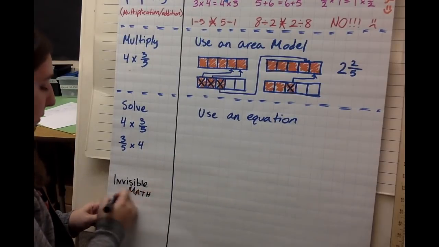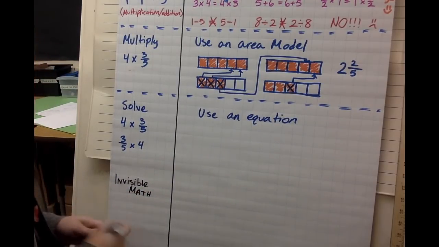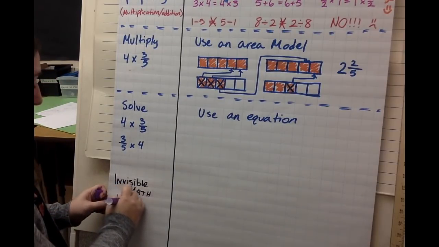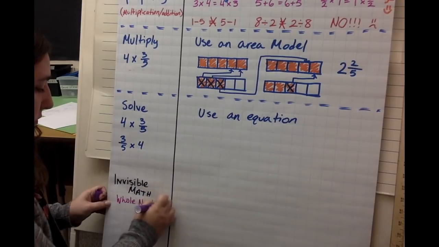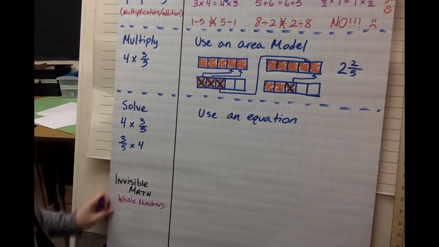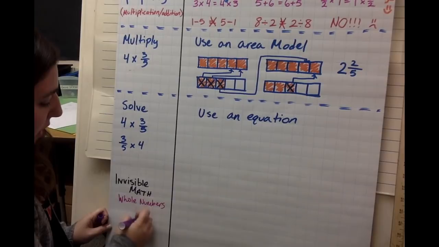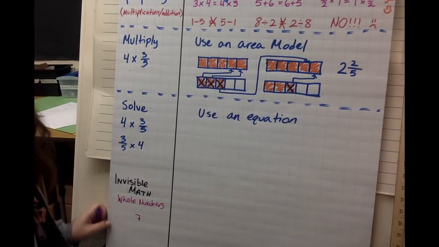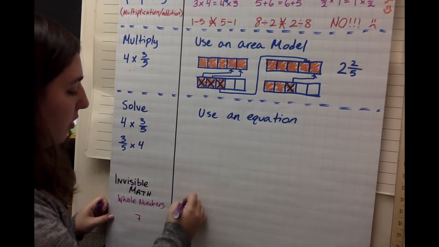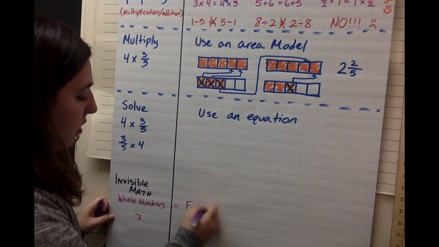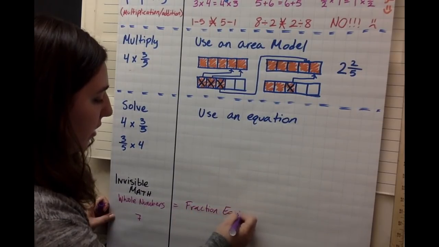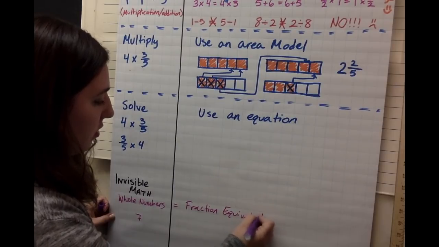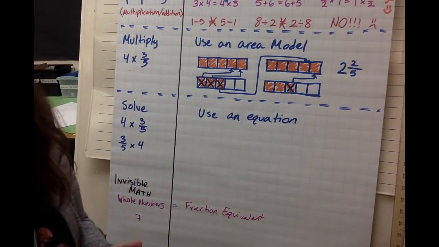So we have whole numbers, let's say we have a whole number of 7, all right? And we want to find the fraction equivalent. Equivalent just means it's equal, the same.